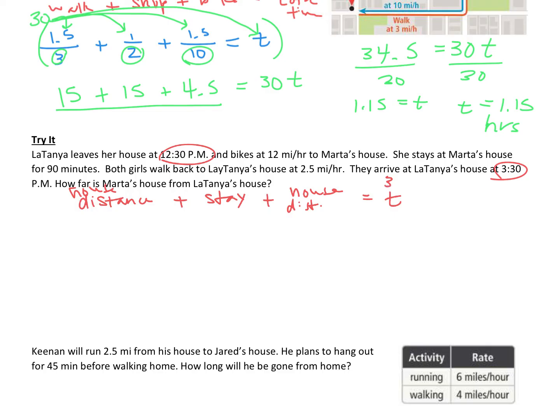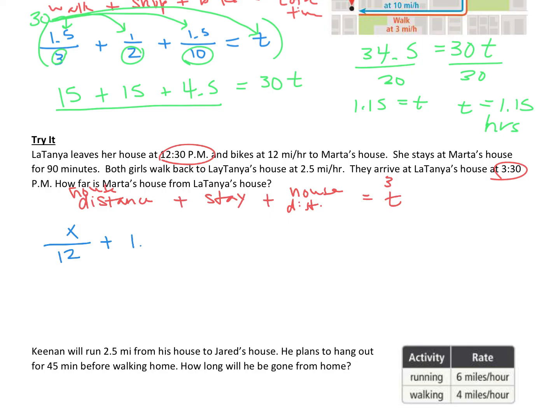Okay, so setting up our equation, what we don't know is the distance between the houses, but we know the rate that they take to get there. So if you take the distance between the houses and divide it by, so when LaTanya bikes, she bikes 12 miles per hour. So she's going the distance to the other house at 12 miles per hour, plus they stay for 90 minutes. All right, well, 90 minutes is 1.5 hours.